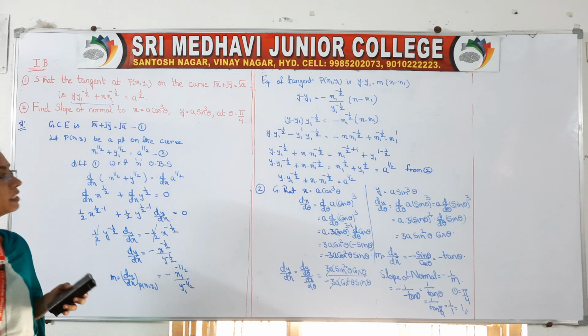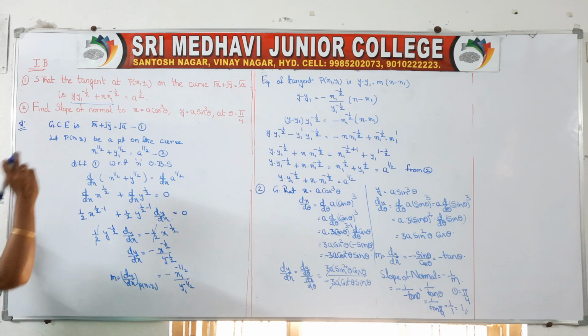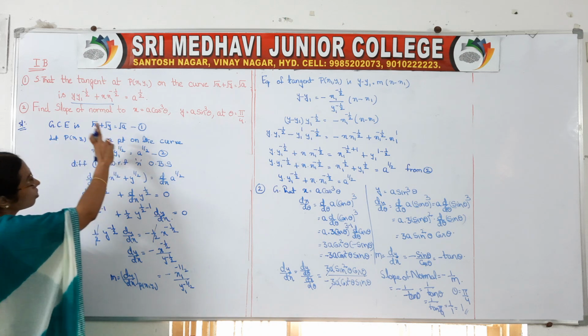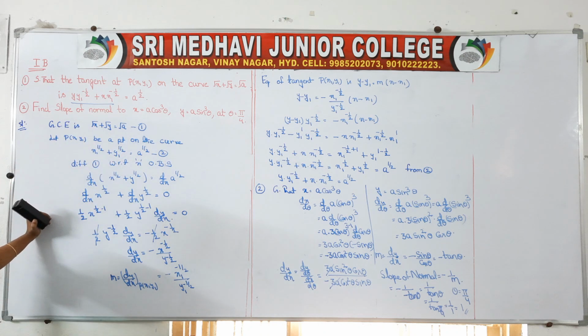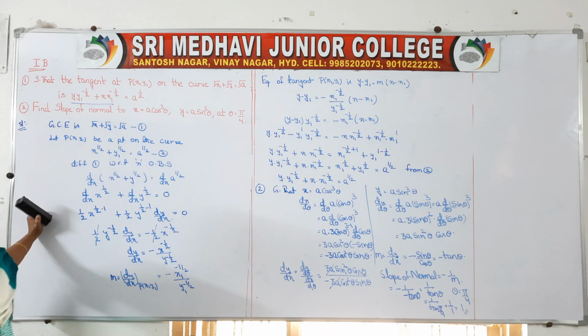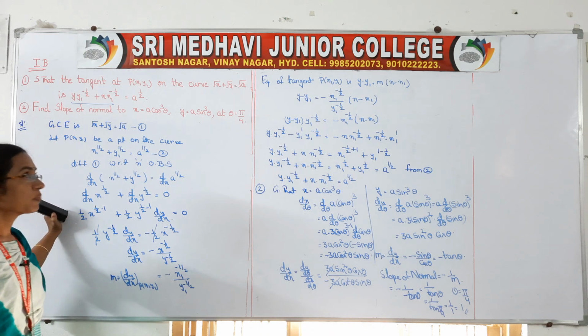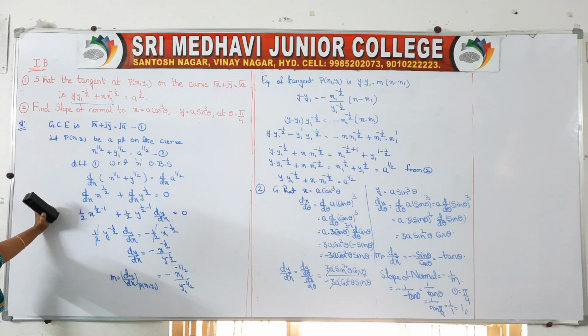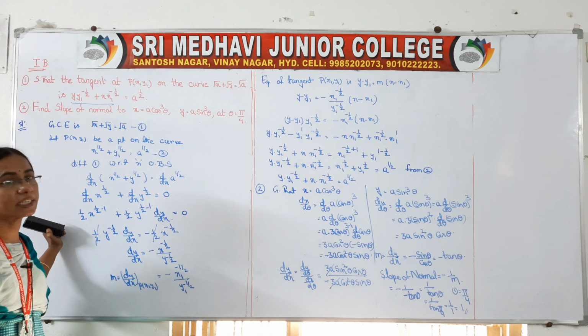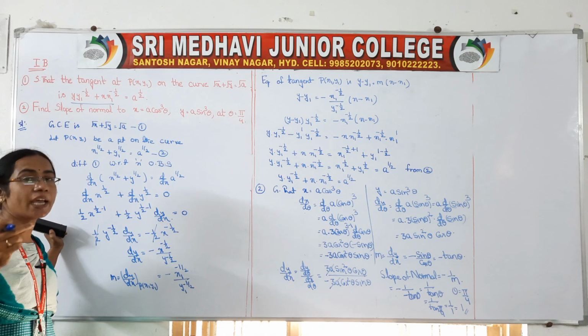So very simple. First question: one curve equation is given to you and one point is given to you. P(x1, y1) is the point on the curve. So to write the equation of the tangent, we need one point and one curve equation. If we know the curve, we can find dy by dx. With that we will get our m value.